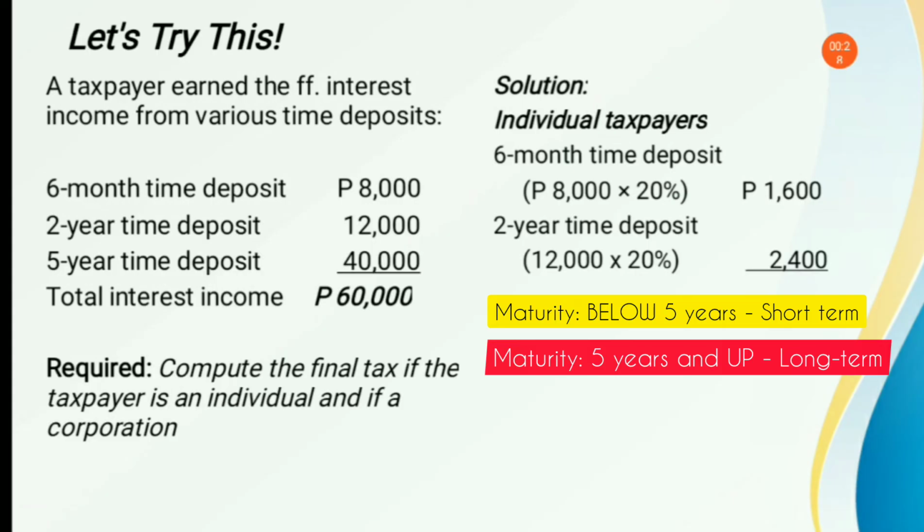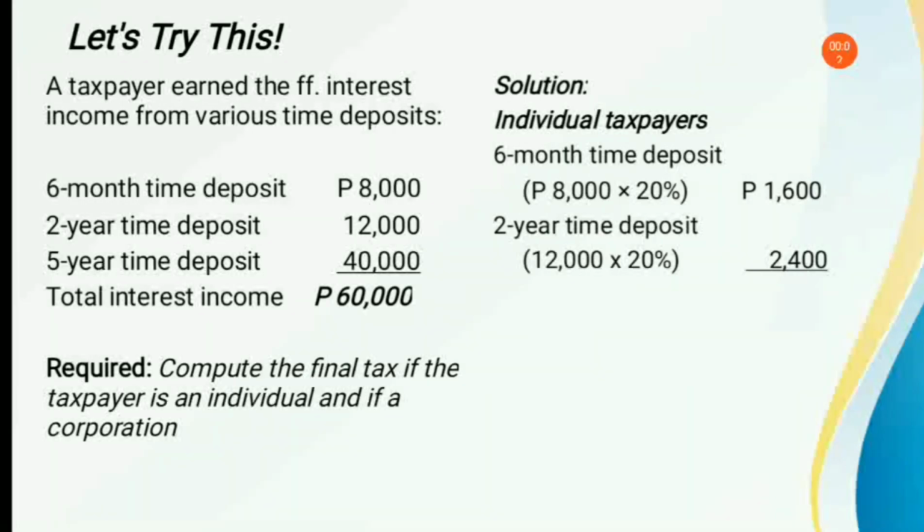So, obviously, this is a long-term deposit. So, pag sinabi nating long-term deposit, so yung interest income niya is exempted from the final tax. So, walang final tax to. And so, the final withholding tax of the individual taxpayer is 4,000 pesos. So that is 1,600 plus 2,400 pesos.